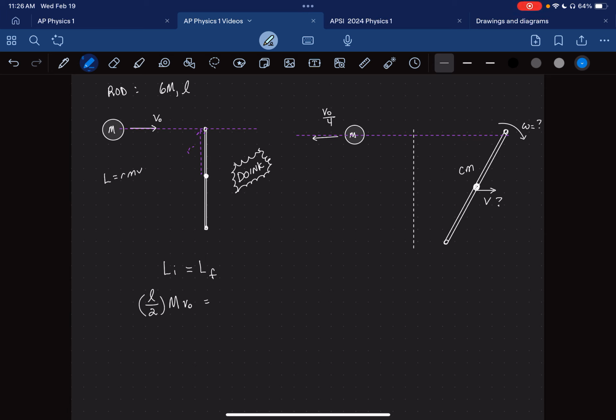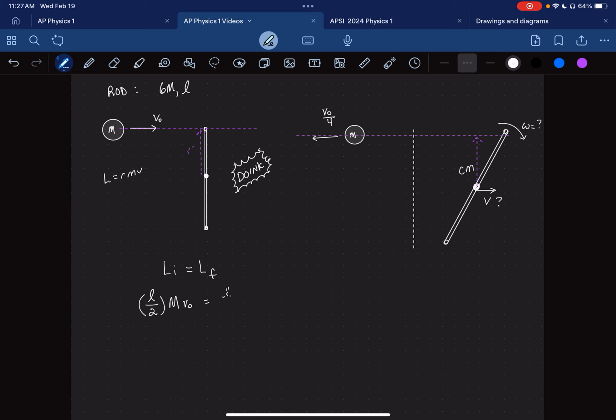My point is R is the same value. It's still half the length of the rod. Now, I didn't draw this very well. The rod should be a little bit lower somewhere over here. But anyway, it's just a picture. I just drew it fast.